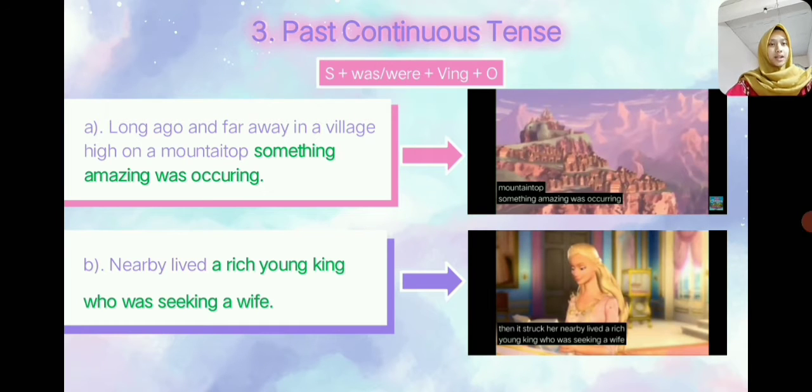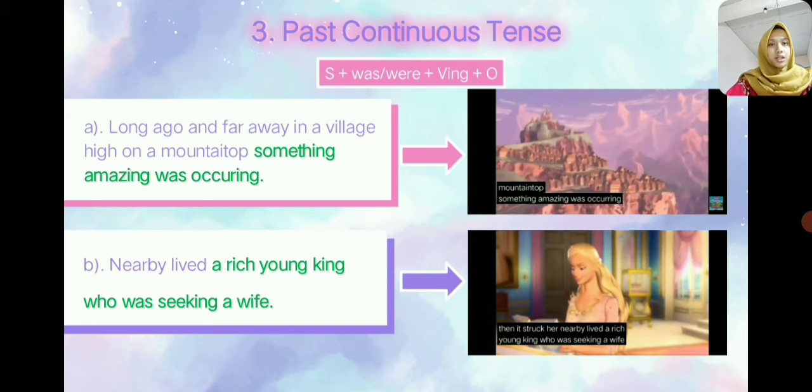Past continuous tense has the formula subject plus was or were plus verb ing plus object. The example sentence, number 1: Long ago and far away in a village high on a mountain top, something amazing was occurring.